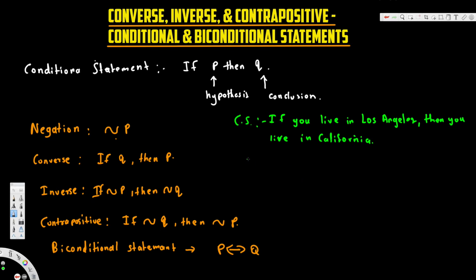Now the next thing is we are going to see what converse is. Converse is the reverse of this one. What we do is we bring the second one to the first one and the first one to the second one.